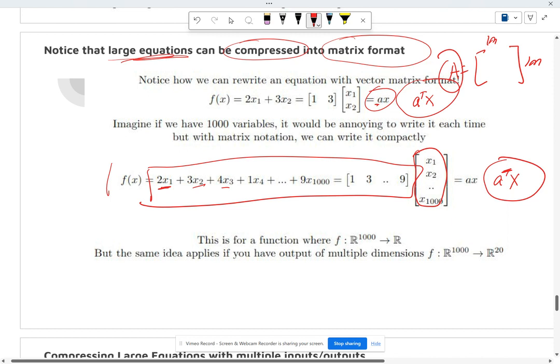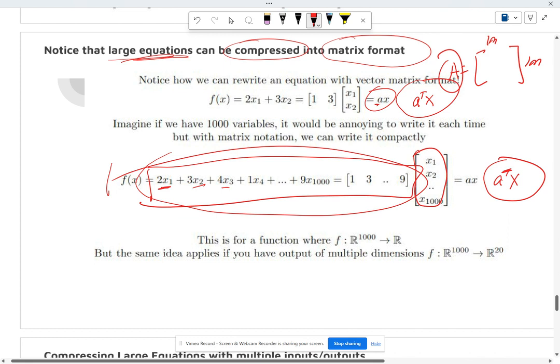So why is learning matrices and vectors useful? Well, once you learn how to manipulate matrices and vectors, it gives you a language to compactly represent a very, very large number of numbers and variables.